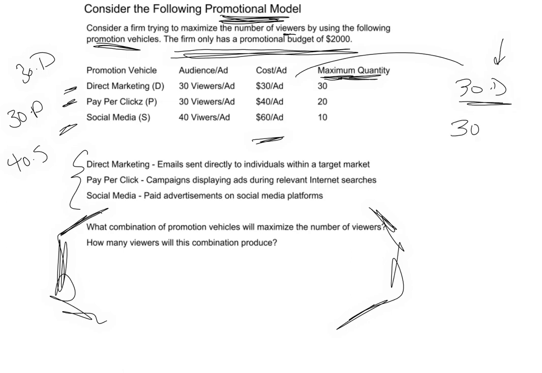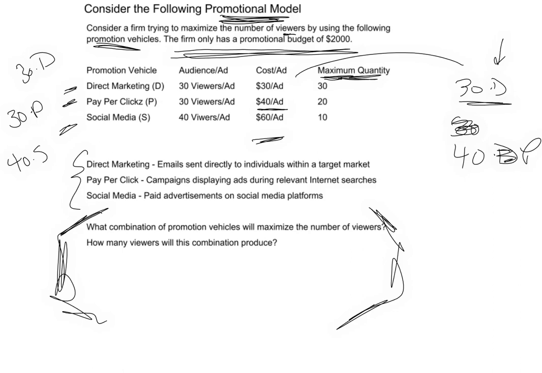Pay-per-clicks, oops, not 30. I'm looking at the wrong column. Each of those costs $40. And so 40 times P is going to tell me the total amount of money that we have to spend on pay-per-clicks. And social media, right? Social media is the most effective, but it's also the most costly.